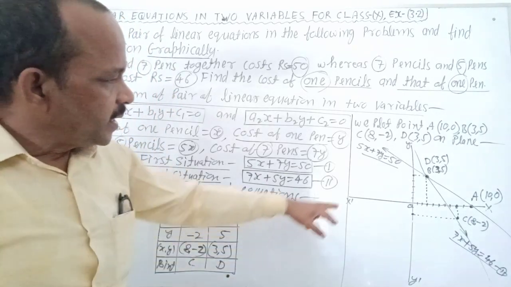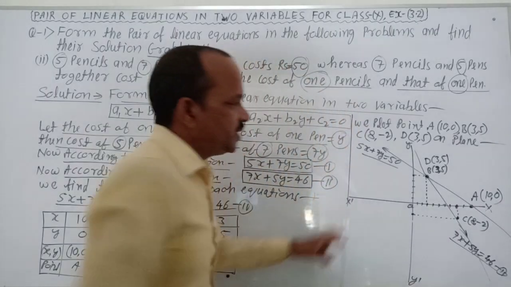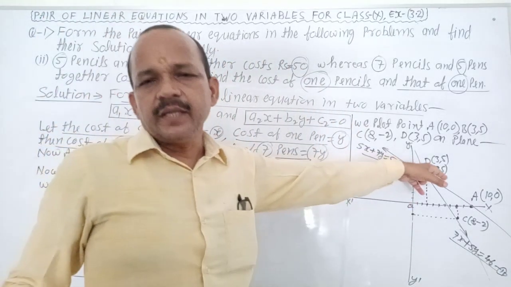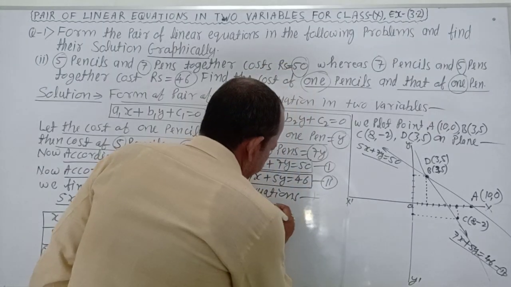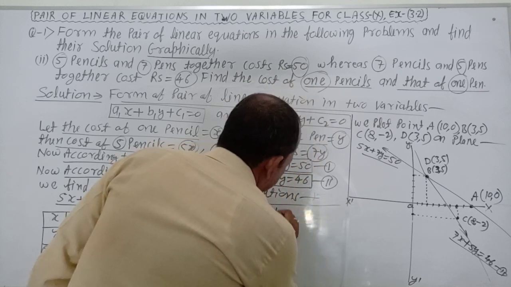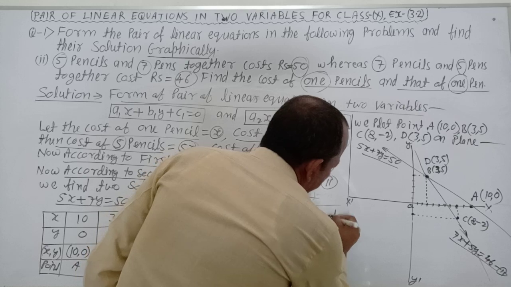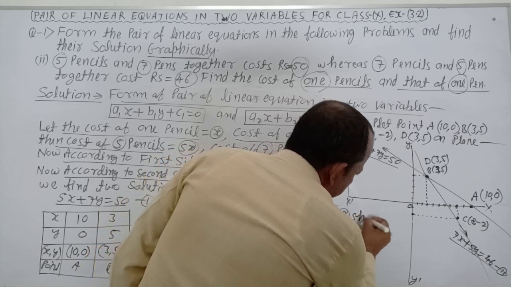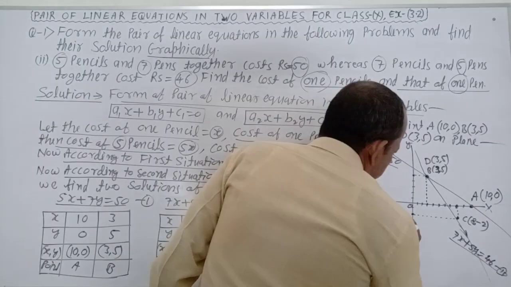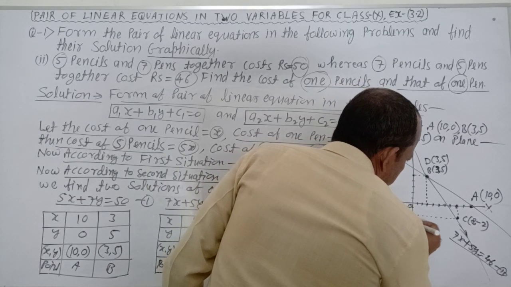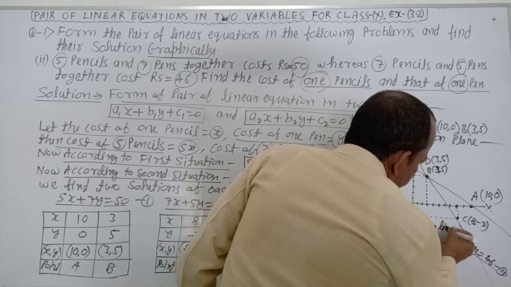Hence here you can write these lines. Lines A and B show intersecting lines.